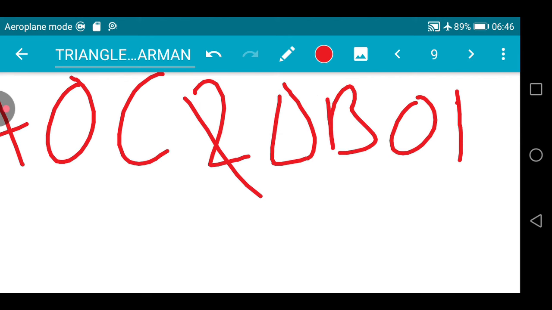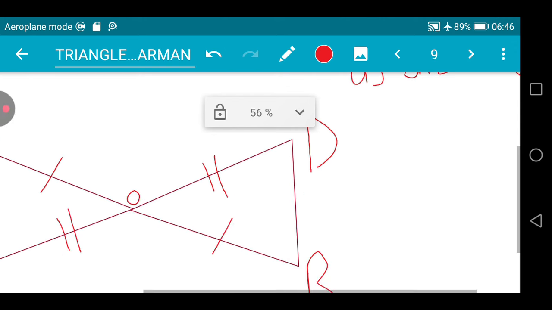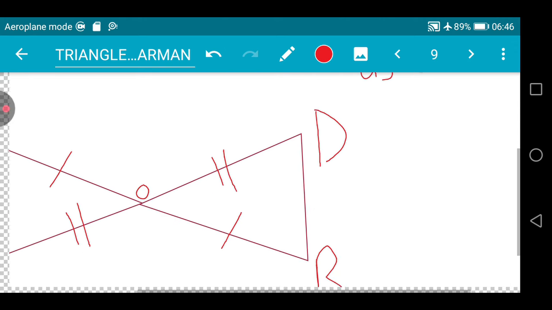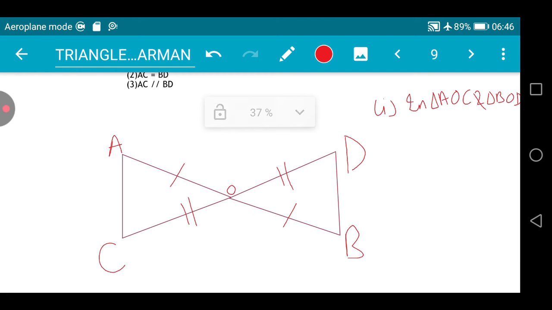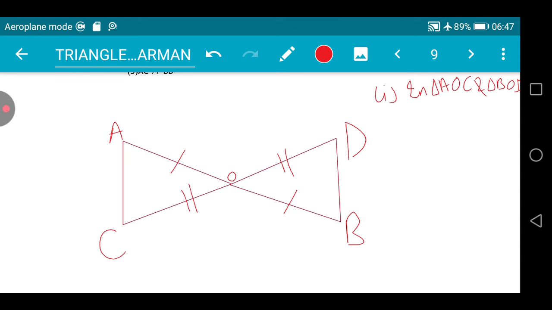In these triangles, we have to check whether all sides are equal and all angles are equal, or use corresponding parts of congruent triangles, which is what we learned.